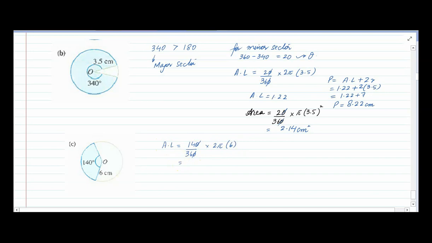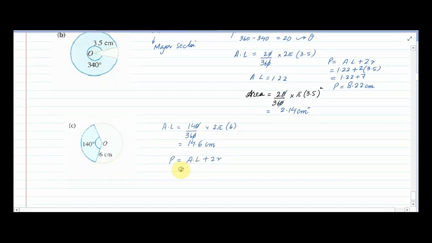So if you simplify it, 14 times 2 times 3.142 times 6 divided by 36. So arc length is 14.6 centimeter. Once you got the arc length, you can find perimeter by simply arc length plus 2r, right?